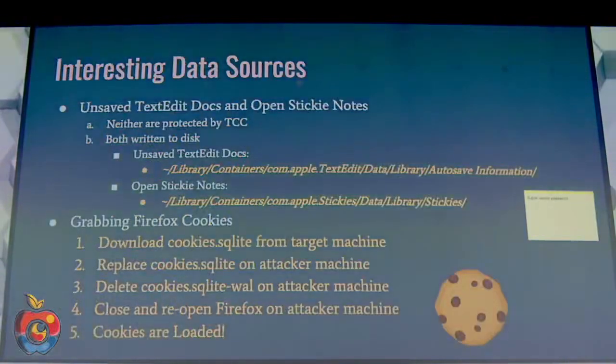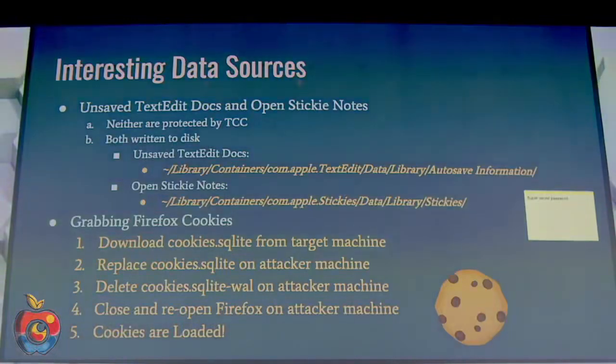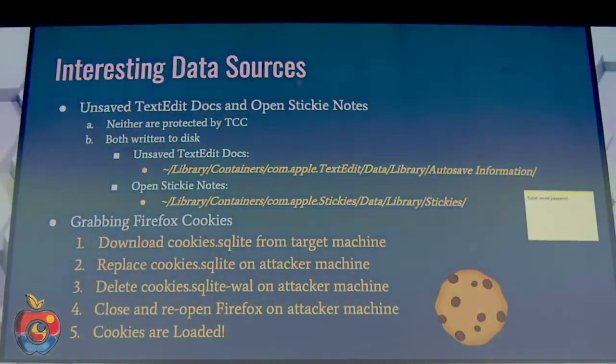A few other interesting data sources as well. When it comes to TextEdit documents, I've done this before where I have TextEdit open and I'm typing in it and I might not save it, I'm just keeping it as a running list. If you're doing that and you don't save it, the contents of that TextEdit document can be grabbed because it's written temporarily to disk as an RTF.